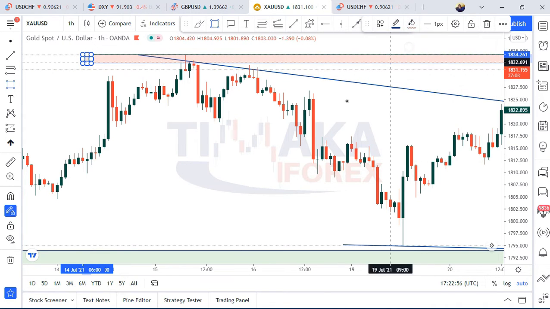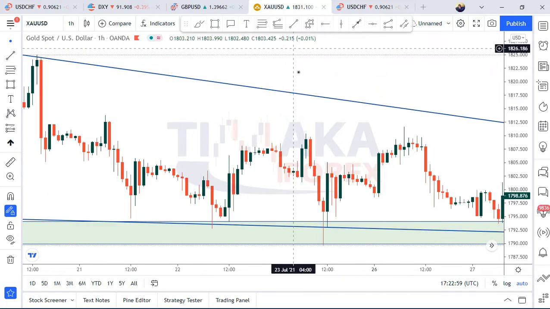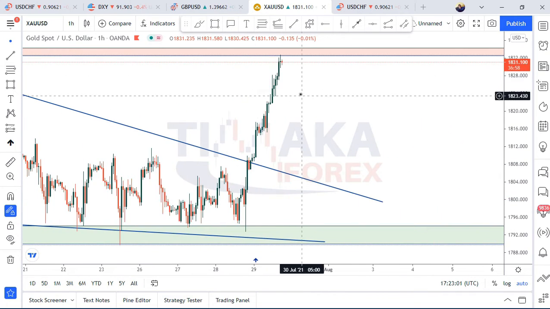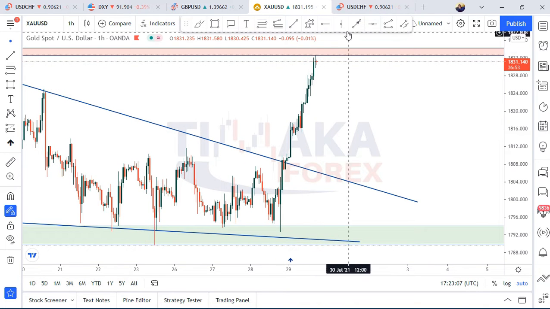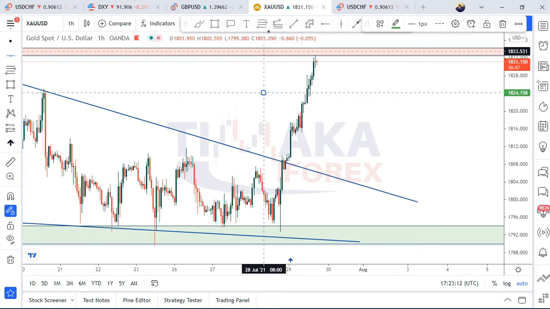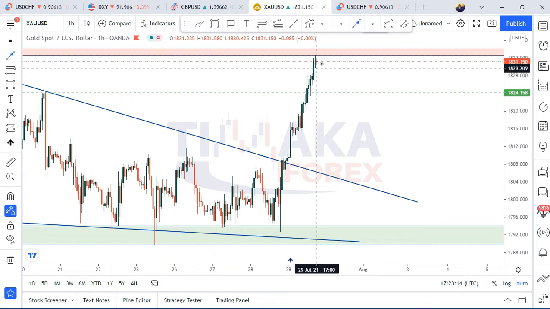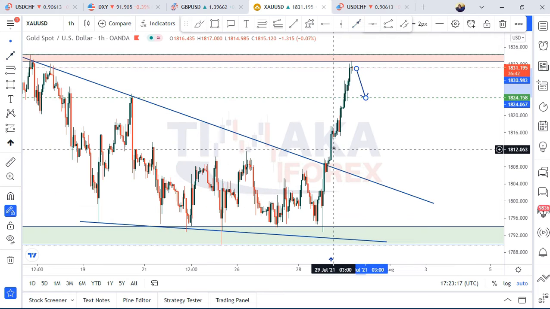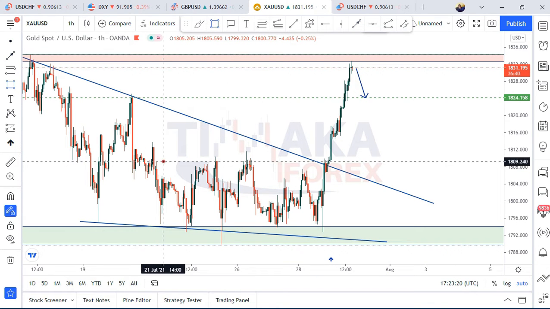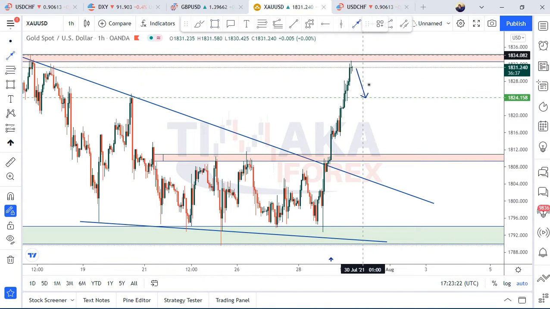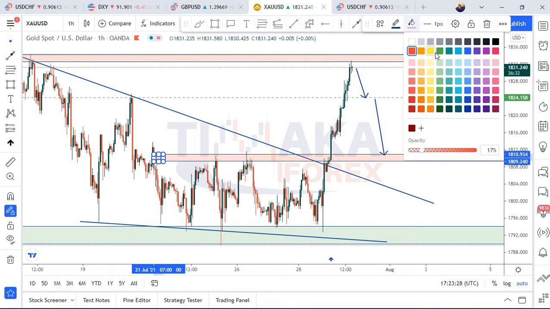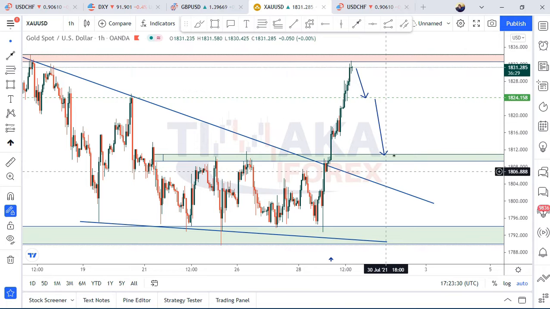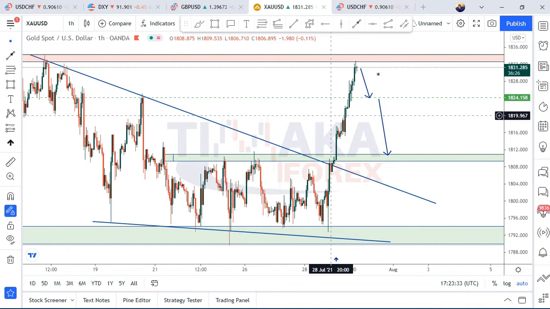If we could see some bearish momentum, with at least some bearish candles closing below this level, we'll have a target of this level right here, and maybe another target right here. I would personally also be buying within this level if I can get the market down to that level.